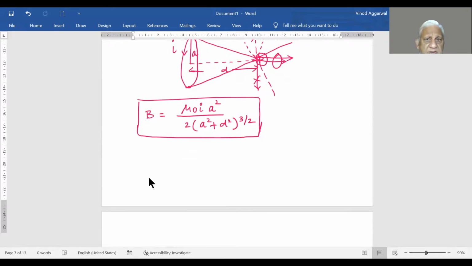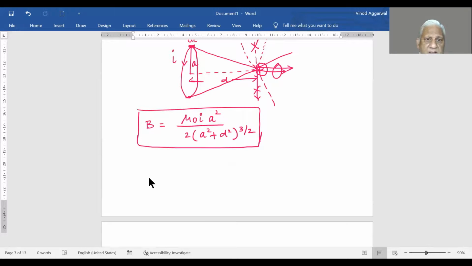Now there can be some special cases of this. In case our d is far greater than the radius, then we can ignore the a terms, and what we get is B is equal to μ0 I a square by 2 d cube.